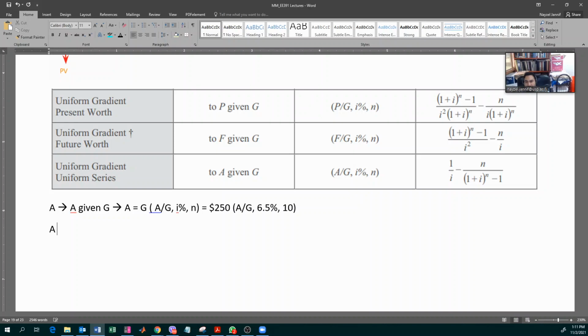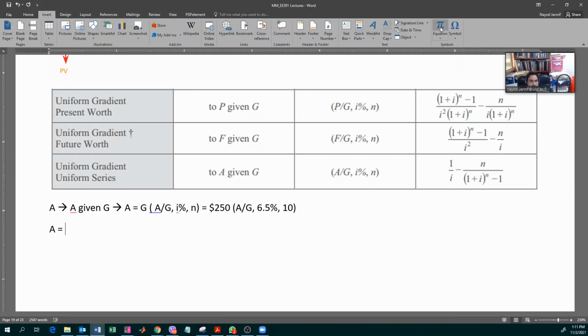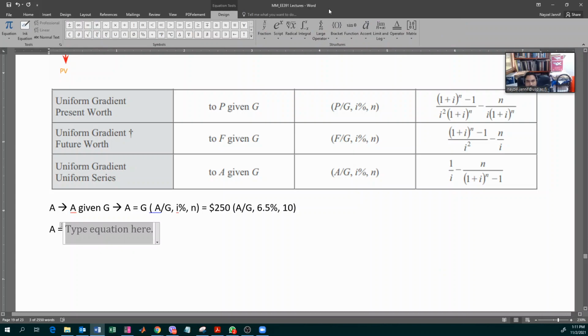So our A will equal to, let me use an equation editor over here. What is our G? Okay.